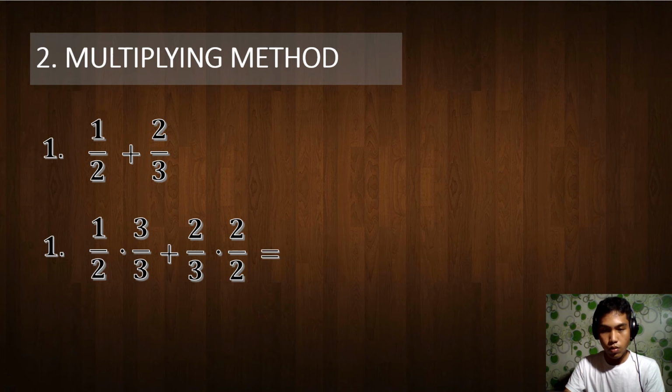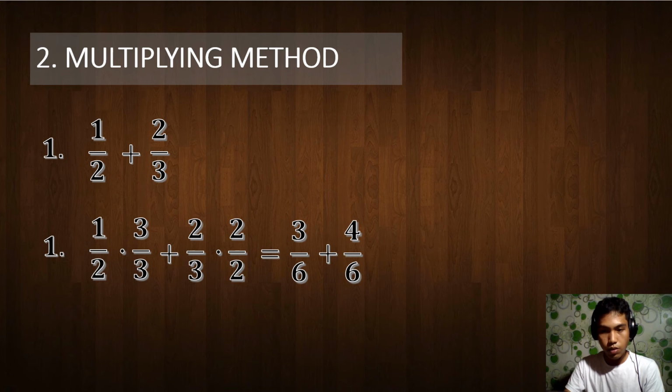Okay, so we simplify. 1 times 3 is 3, 2 times 3 is equal to 6. The idea here is actually the reverse of reducing to lowest terms.